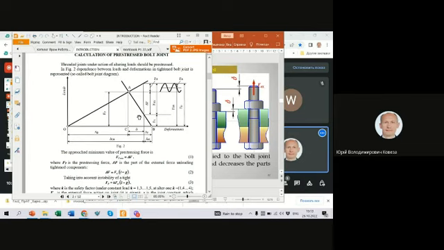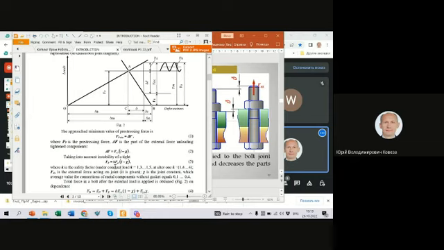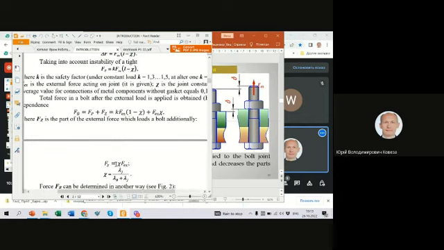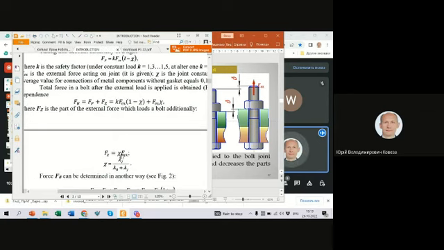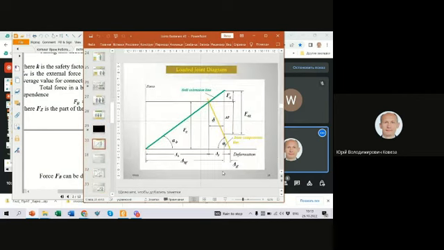Fz is a part of external force which applied to the bolt. So we have diagram like this.